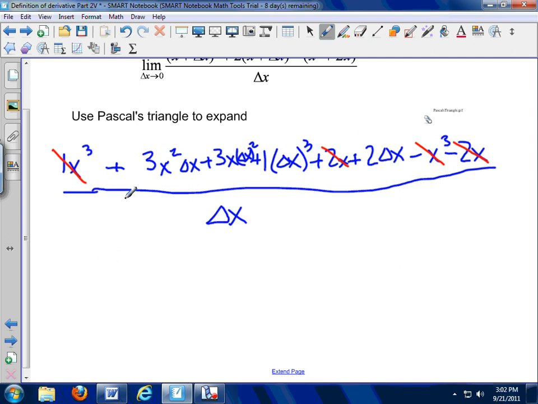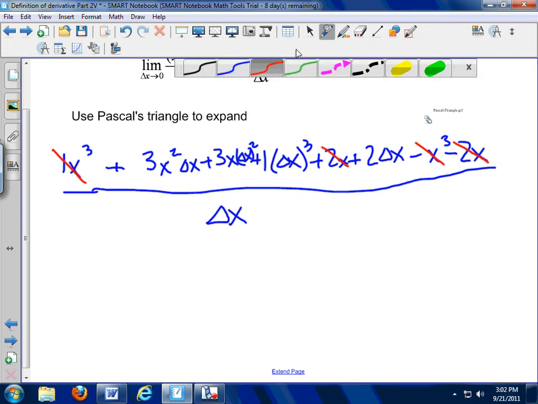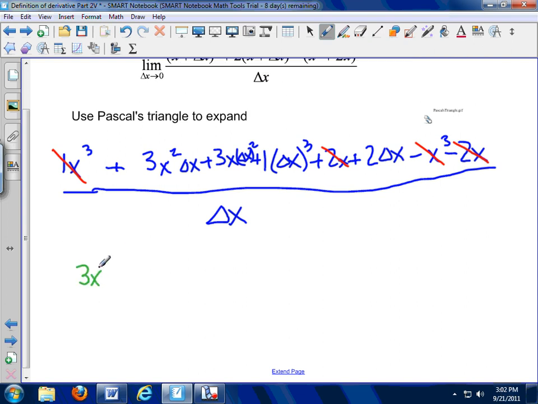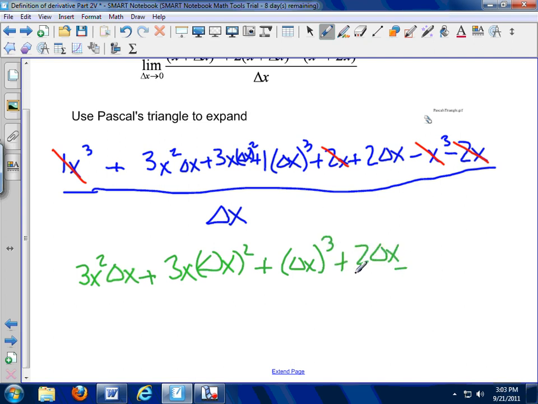As you're doing this, I suggest you write out as much of this information as you can, so we don't lose things, because there are a lot of places to lose stuff. 3x squared delta x plus 3x (delta x) squared, and I put in parentheses because we're squaring all the delta x, plus delta x cubed plus 2 delta x, all of that over delta x.